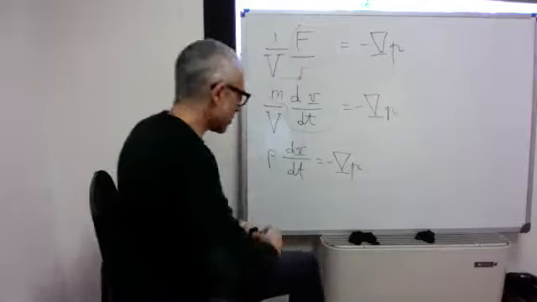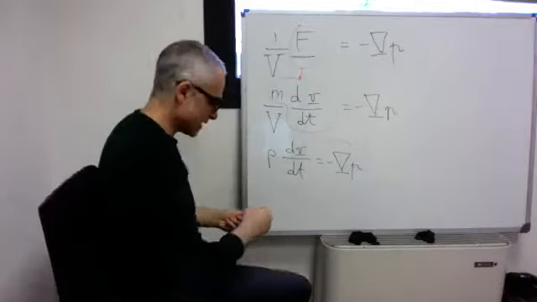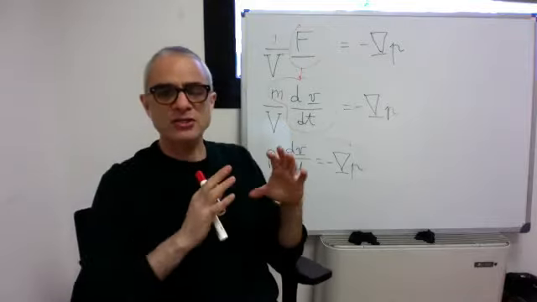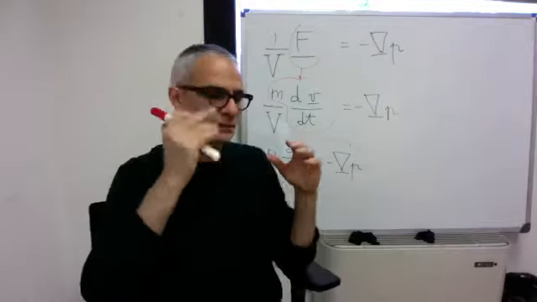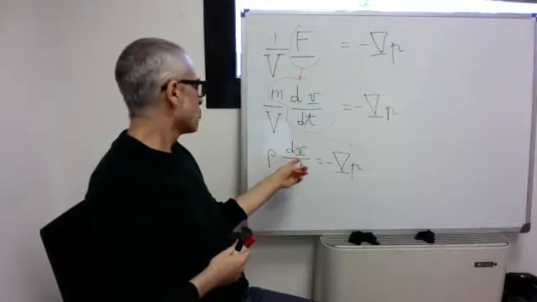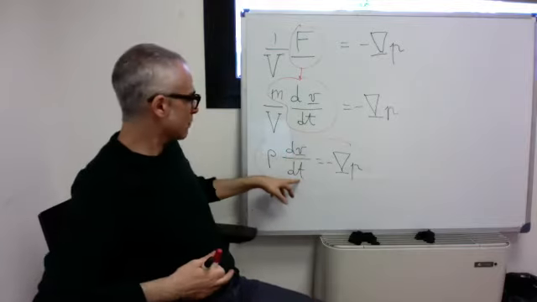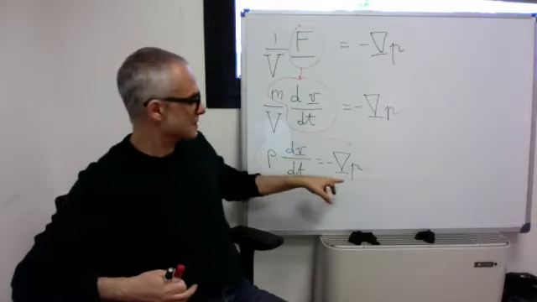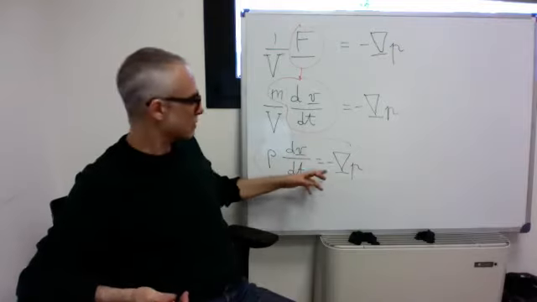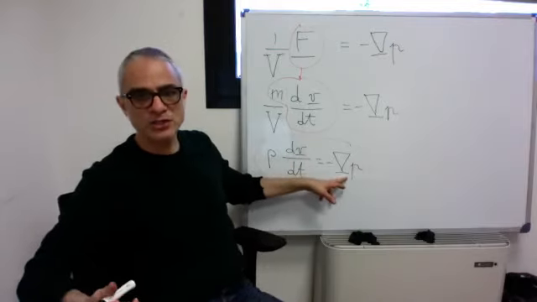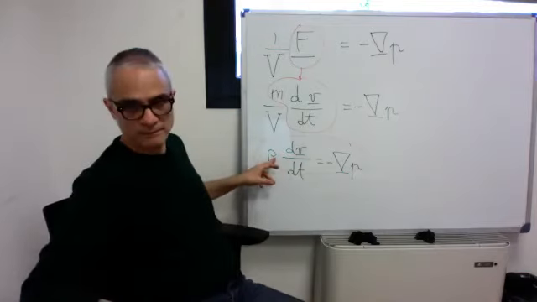So what this equation says is that those particles of air just next to your speaker will receive an acceleration. They start moving with an acceleration that has to coincide, because of Newton's laws, with the gradient of the pressure divided by rho.